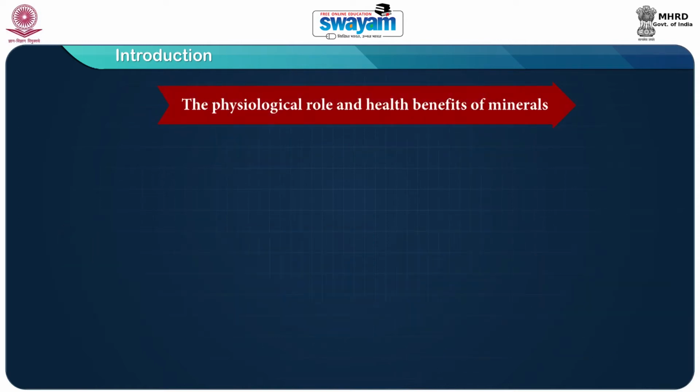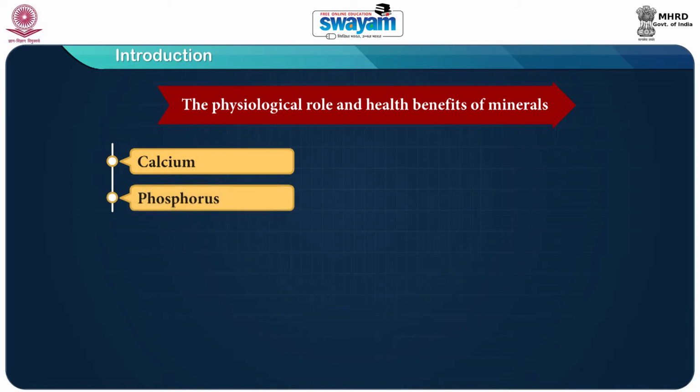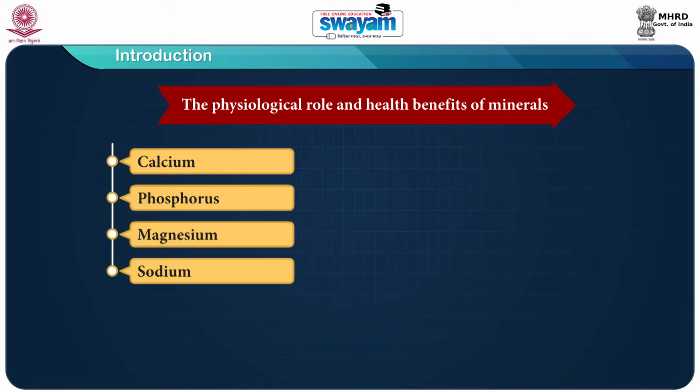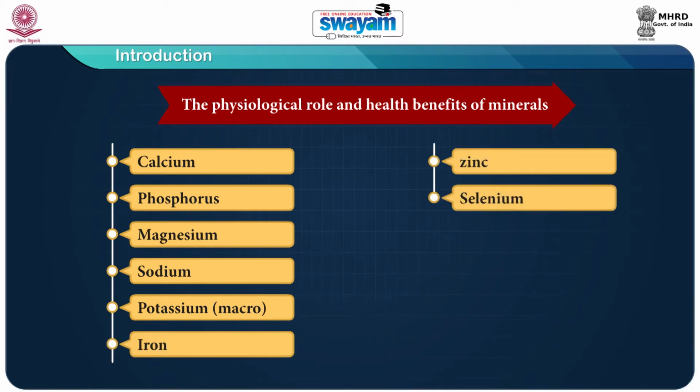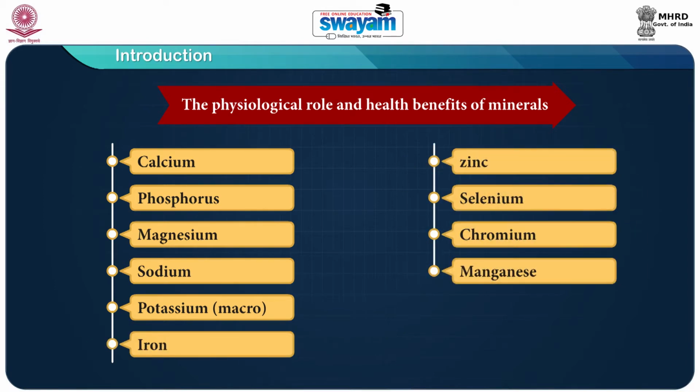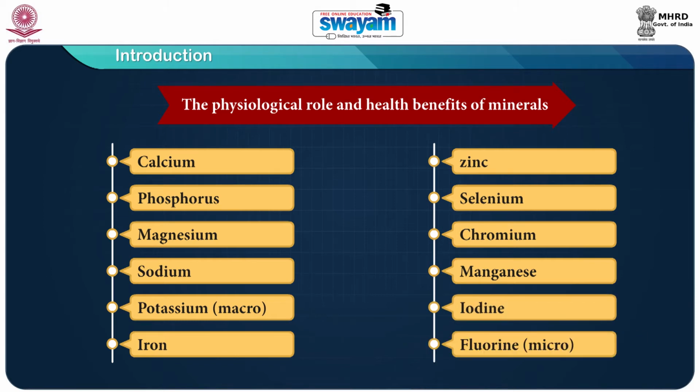The physiological role and health benefits of minerals discussed herewith include calcium, phosphorus, magnesium, sodium and potassium, which are classified under macro minerals, and iron, zinc, selenium, chromium, manganese, iodine and fluorine, which come under the category of micro minerals or trace elements.